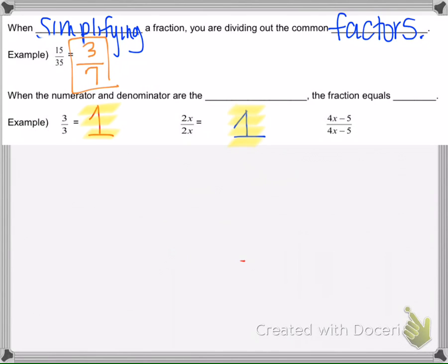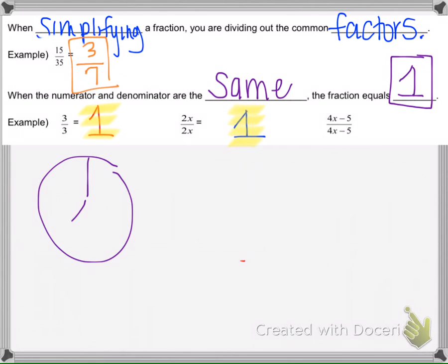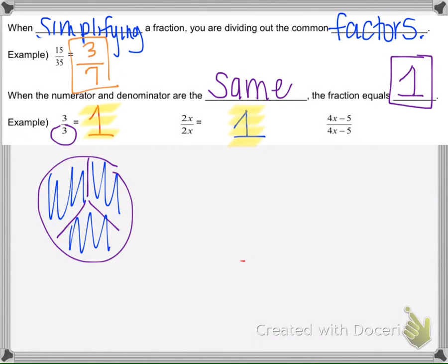So when the numerator and the denominator are the same, it's equivalent to saying the fraction has a value of a whole. And again, why? You could see it easy here because there's whole numbers here, that it's equivalent when you have the same thing over the same thing as a whole. So same thing here, because remember, x represents a number.